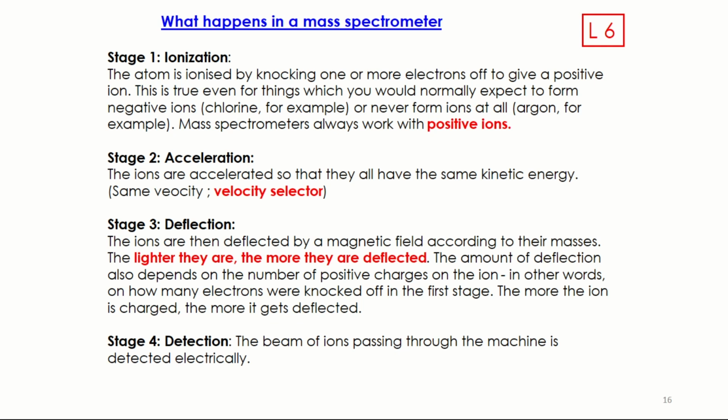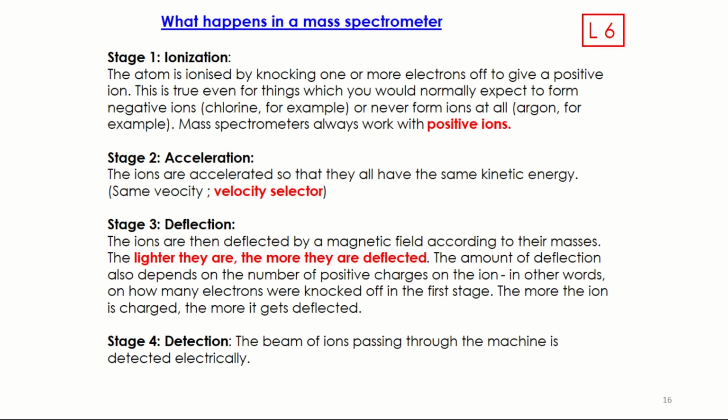Mass spectrometers always work with positive ions. Stage 2, acceleration. The ions are accelerated so that they all have the same kinetic energy, in the velocity selector.